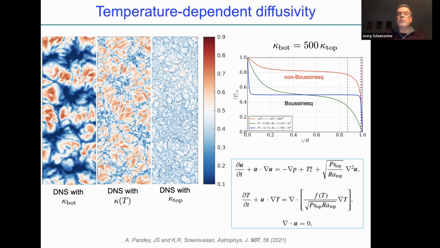And then you go immediately to a non-Boussinesq regime, which you see here in this red curve for the mean temperature profile. This is the bottom here at z equals 0, and this is the top. And you see that for certain profiles, which I have indicated here, there's an extremely strong stratification at the surface.